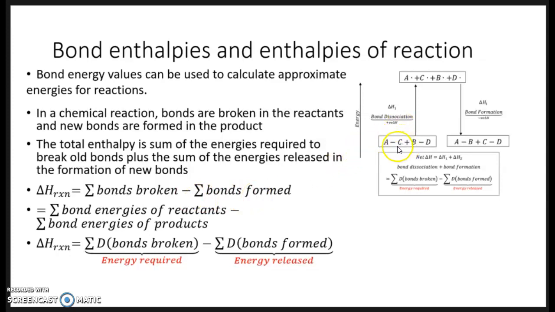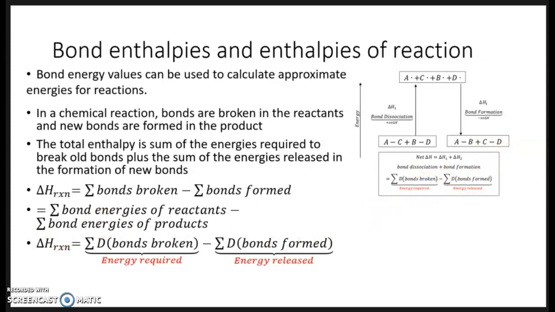So A–C and B–D are broken to form A plus C and B plus D, and then we have A–B coming together and C–D coming together.